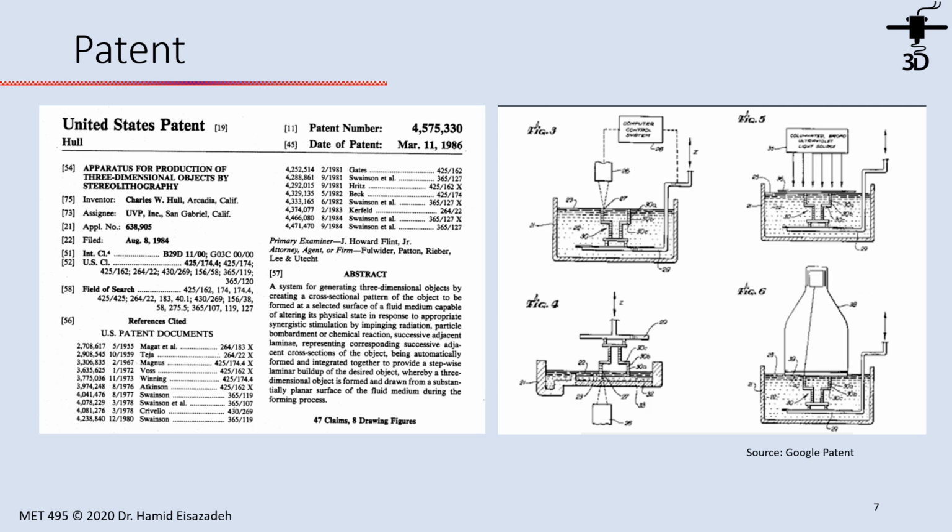So we have a laser, and the laser scans over a liquid over and over until the part is created. There were other novel concepts in his patents, but those could not be realized at that time. But it showed the kind of creative idea that he had long ago.